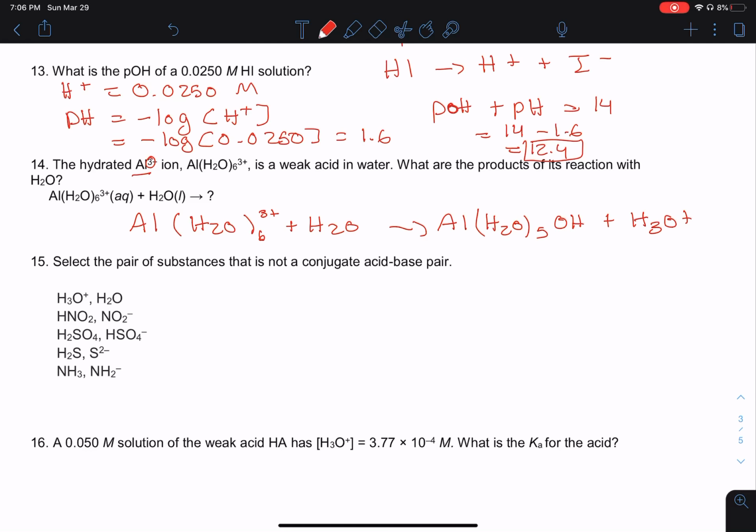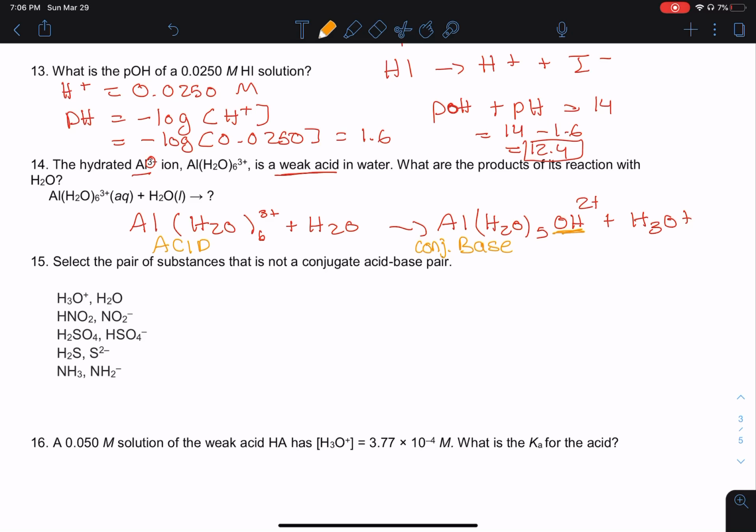Okay, another way to think about it is, since it said it's a weak acid, right? So that means we have the conjugation idea. Since this would be an acid, it must form its conjugate base when it's dissolved with water. So that's how you see the OH, and in this case, it lost one of its waters.